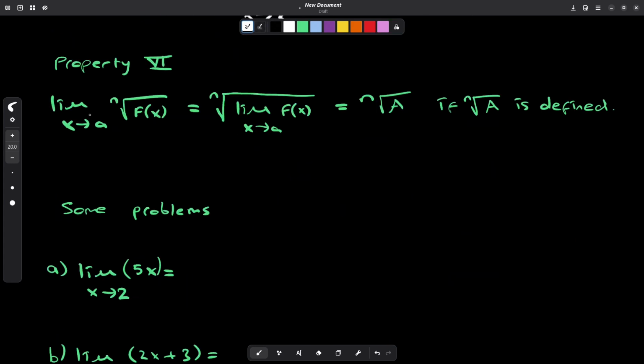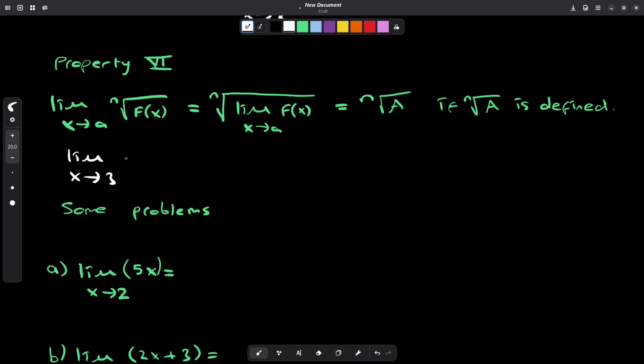Property number 6. The limit of the nth root of f(x) as x approaches a is equal to the nth root of the limit of f(x) as x approaches a, which is also equal to the nth root of a if the nth root of a is defined. We don't have an example for this property because I forgot to write one. Let's make an example.